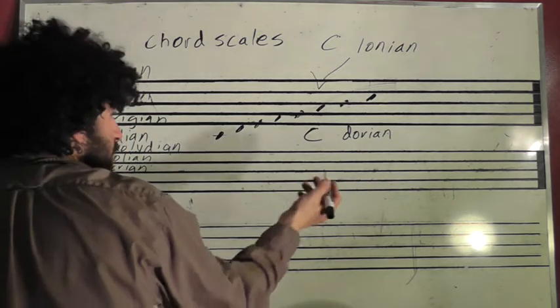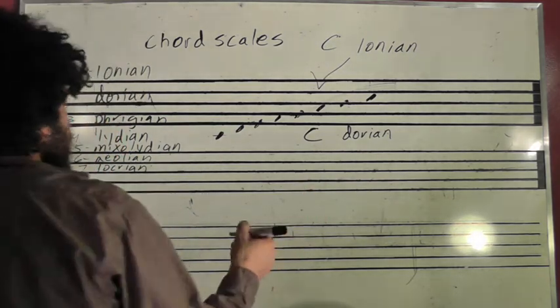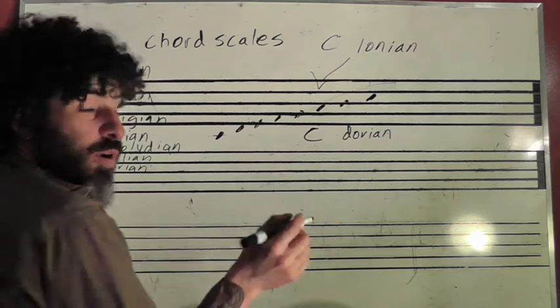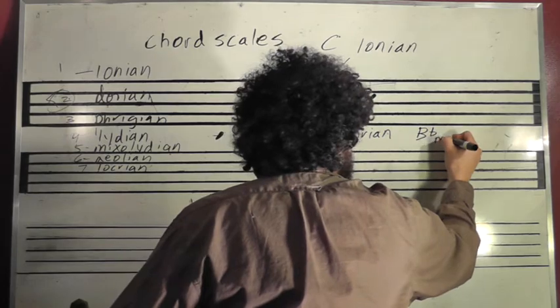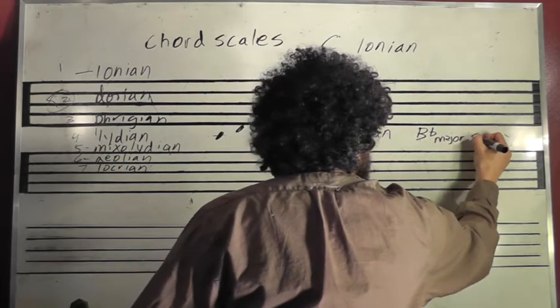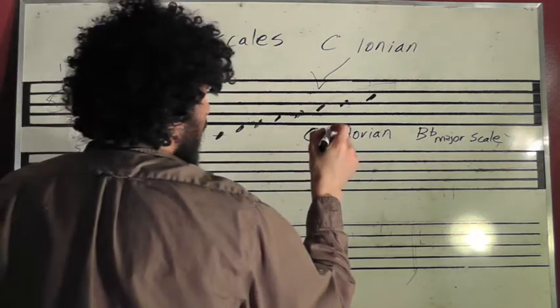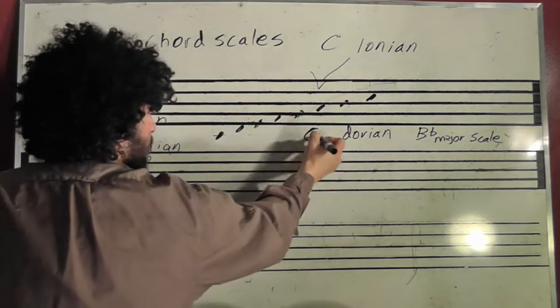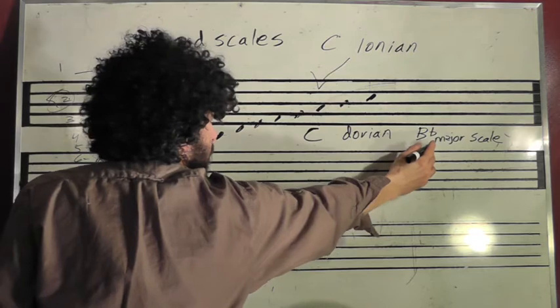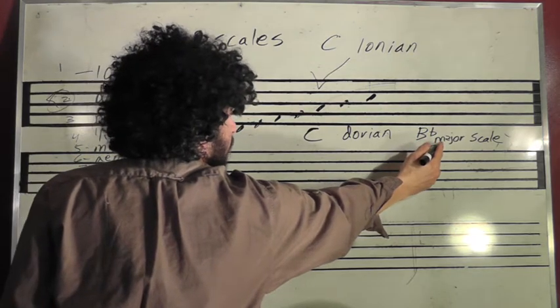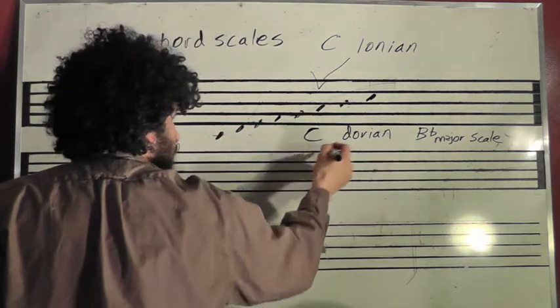And that would be B flat major scale, right? So C Dorian is a B flat major scale, but it starts on C. So in other words, you're going to write a B flat major scale, but starting it on the second degree, which is C. So that's the C Dorian.